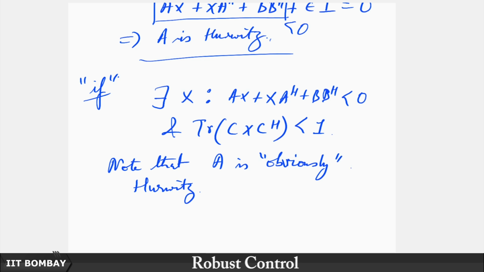Well, for one, you immediately check that AX plus X A Hermitian... I would also say that maybe there exists X which is positive definite. So, the moment you have this, it means that AX plus X A Hermitian is less than some negative definite matrix, so it is also negative definite. So, there exists a positive definite X such that AX plus X A Hermitian, which is the Lyapunov equation, is negative definite. Therefore, it is obvious that A is Hurwitz. So, that obvious part follows from this observation. Okay.